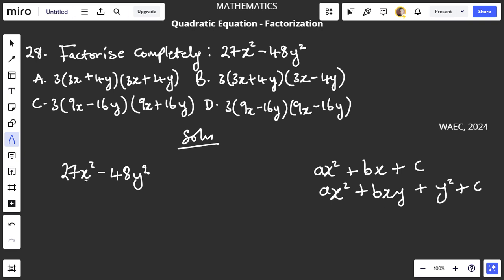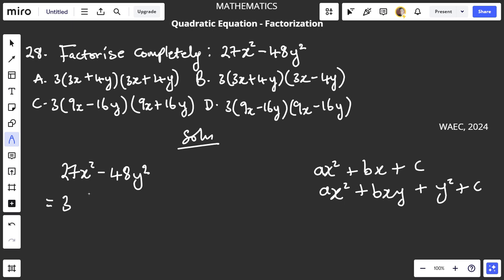So if you look at this one now, it's a quadratic equation that has two variables. We have variable x and variable y with no constant. But first, we can factor out a number here, because there is a common factor between 27 and 48. That is a number that can divide 27 and also divide 48. And that number is what? 3.